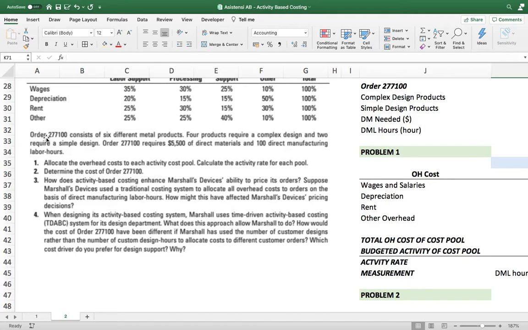The order requires 5,500 of direct materials and 100 direct manufacturing labor hours. And the first problem is to allocate the overhead cost to each activity cost pool and calculate the activity rate for each pool. And in the second one, we have to find the cost of order 277-100.